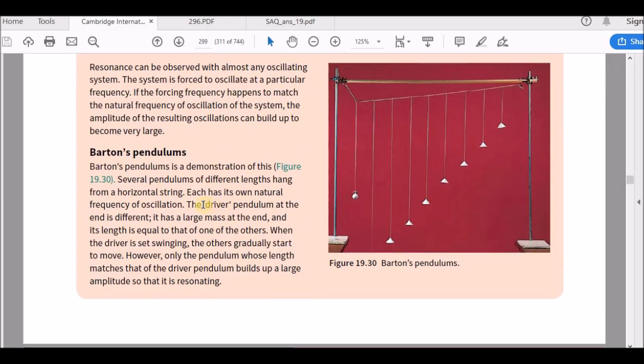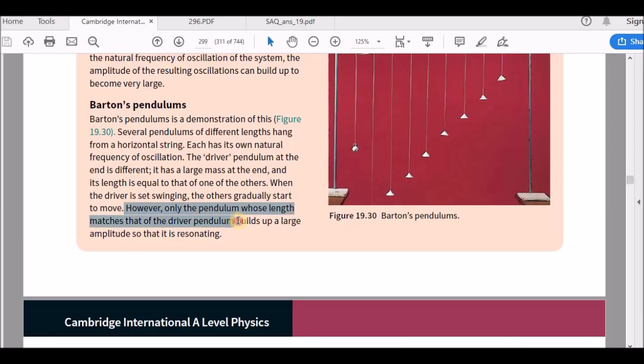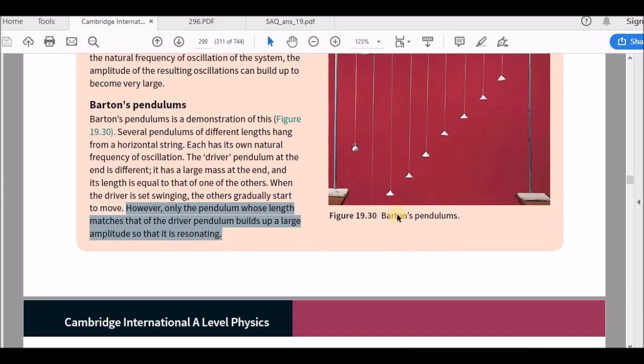Okay, so here you see the driver pendulum, that is this one. However, only the pendulum whose length matches that of the driver pendulum builds up a large amplitude, so that it is resonating. When the natural frequency is equal to the driving frequency, it will oscillate with maximum amplitude. We call that resonance.